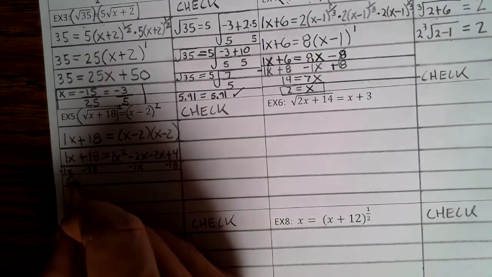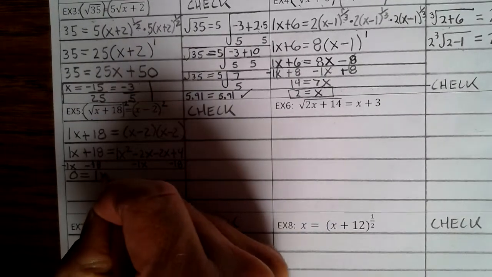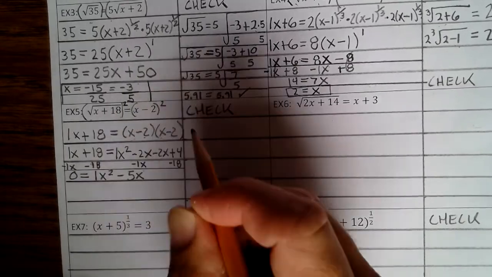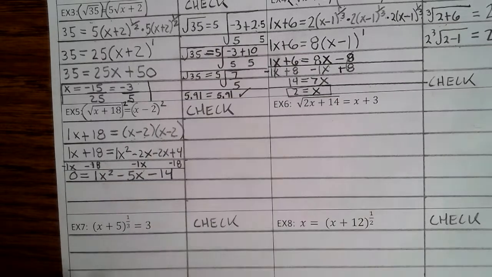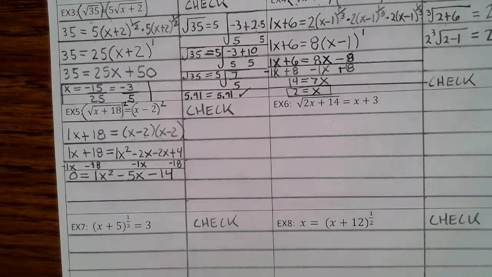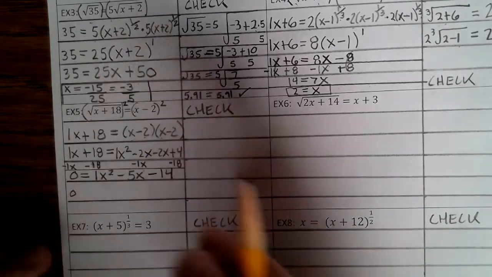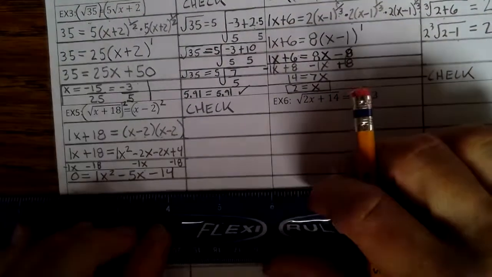You're left with 0 equals 1x squared minus 5x minus 14. Okay. And yeah, I might need to add another line here.